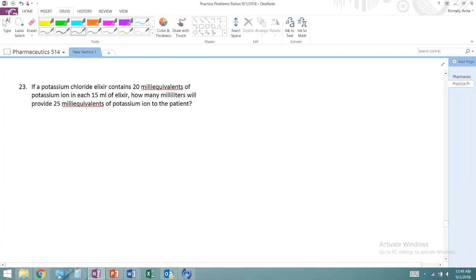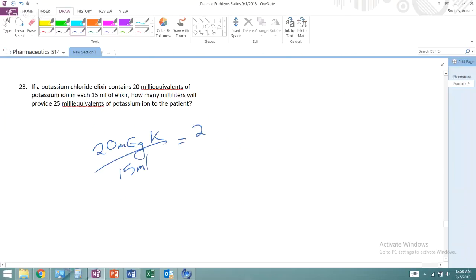Oh my gosh, more milliequivalents. But this is a 1-to-1. So this contains 20 milliequivalents of potassium for 15 mLs. How many milliliters will it provide? 25.